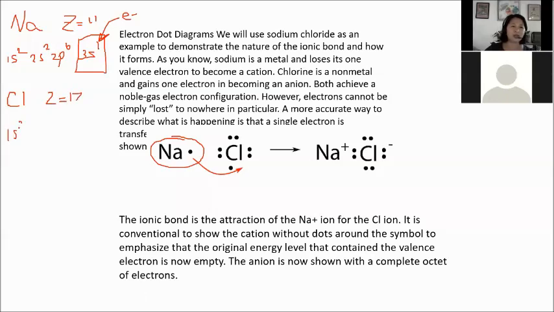So, 1s2, 2s2, second level, 2p6, total of 10, 3s2, and 3p, remainder 5. So 5 plus 2, 7 plus 10, 17. So meaning, at the outer level of chlorine, merong 7 electrons. So that's why we have 7 dots around chlorine atom.